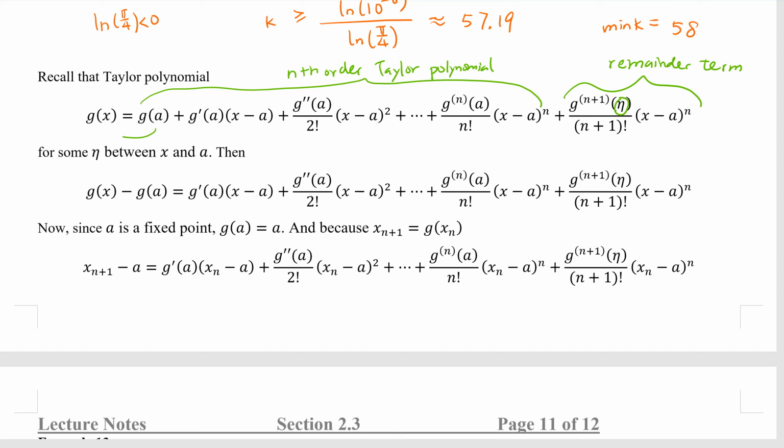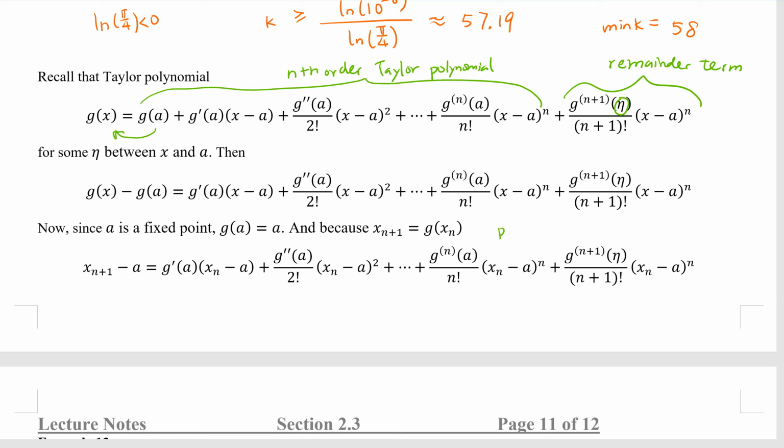Then let's move g of a onto the left hand side. Then we have g of x minus g of a equals g prime of a times (x minus a) plus the rest of the terms, right? Now suppose a is a fixed point. If a is a fixed point, g of a equals a. And also, by our iterative scheme, x sub n plus 1 equals g of xn.